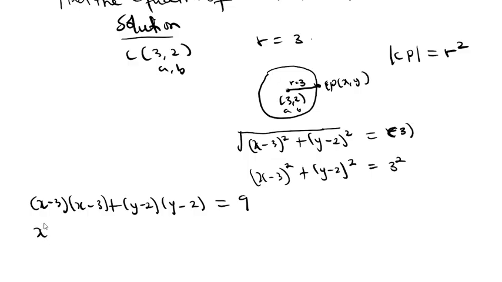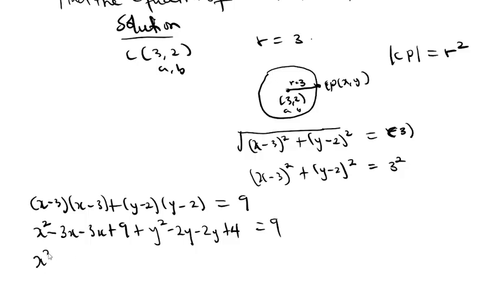So we have x squared minus 3x minus 3x plus 9, then plus y squared minus 2y minus 2y plus 4, equal to 9. So we have x squared minus 6x plus 9 plus y squared minus 4y plus 4 equal to 9.